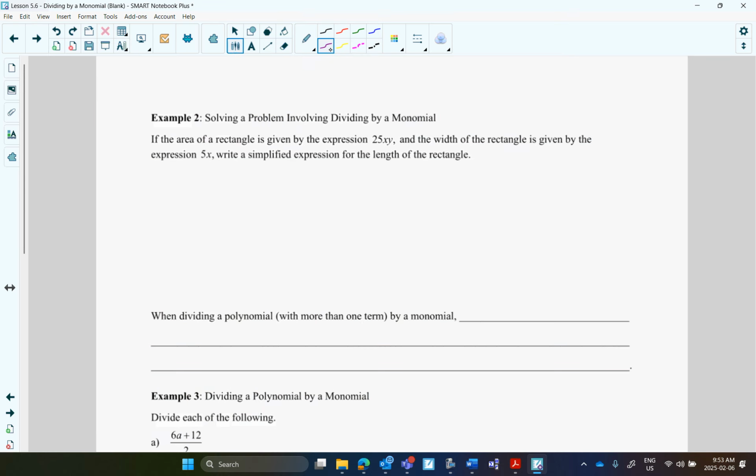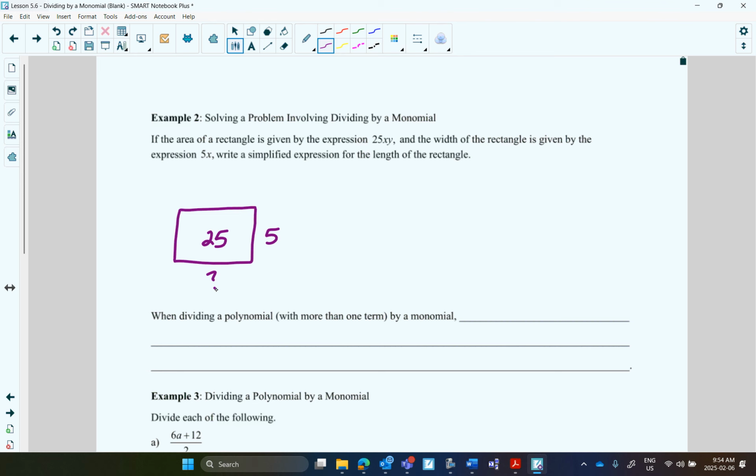So the area of a rectangle is 25xy. The width is 5x. You have to figure out an expression for the length. Well, what if I said this? Let's just do one that has numbers. What's the length? Yeah, because 5 times 5 is 25, right?